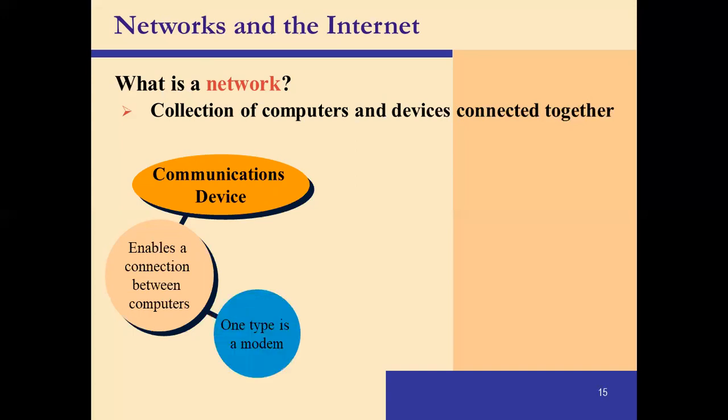So one type is a modem. What is a modem? When you say communication device, I don't know. You don't know. You have an internet facility in your home from an internet supplier. Yes. They give you a device that is connected with the wire outside, optic fiber.